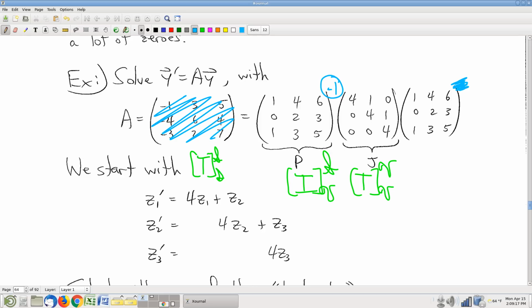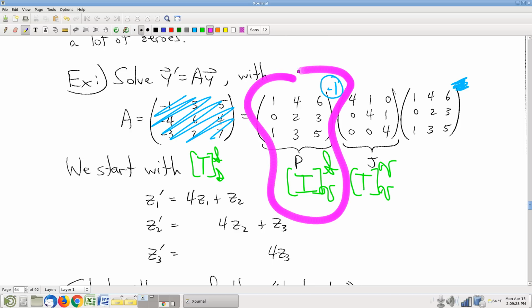Well, then we'd have to invert this matrix. It remains unavoidably the case that if this is J, then this would have to be P, and in order to find the Jordan basis, I would have to find the inverse of that matrix of seemingly friendly numbers. So you can't just assume. So be very careful with that.